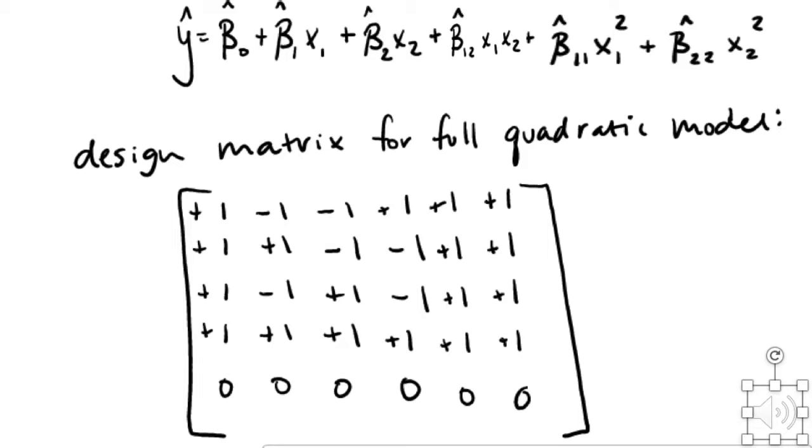So y hat is equal to beta hat 0, which is your intercept, plus beta hat 1 x1, plus beta hat 2 x2, plus beta hat 12 x1 x2, which is your interaction term, plus beta hat 11 x1 squared, and finally beta hat 22 x2 squared, which is your second quadratic term. And looking at the design matrix for the full quadratic model, we can see that on the left side, the plus ones correspond with the intercept, and these are the same as the last two columns, which are the quadratic terms.